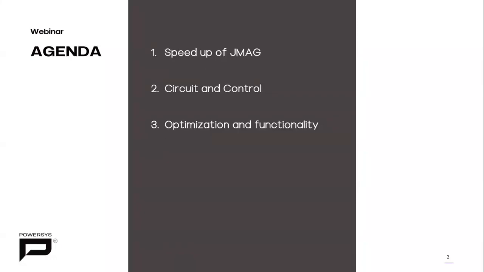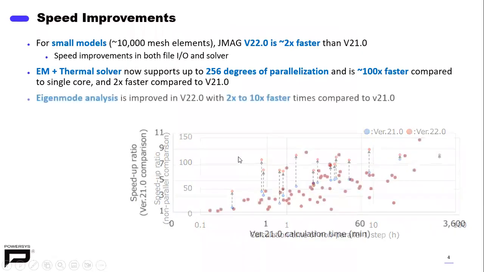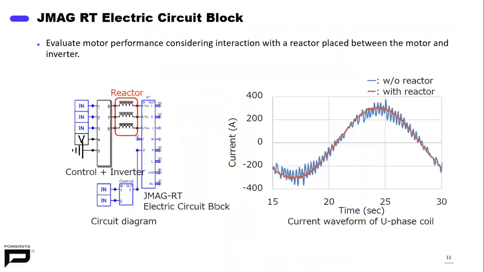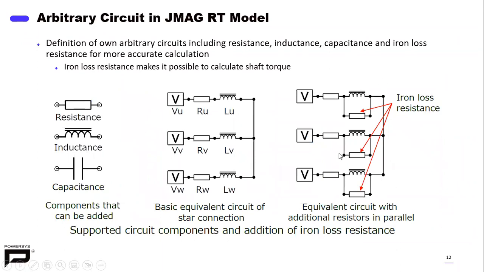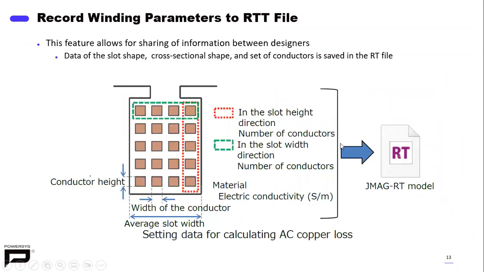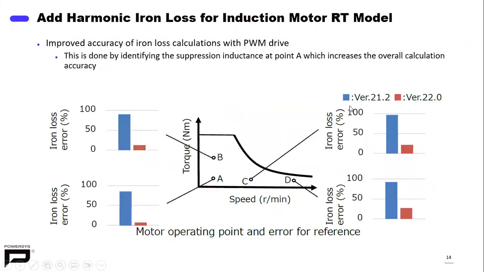And we can also introduce a reactor circuit between the control circuit as well as the motor phase terminals to minimize the harmonic content. To the RT model we can apply the passive component, and detailed documentation of the existing RT model can be done. And the accuracy of harmonic iron loss for the induction motor is improved.